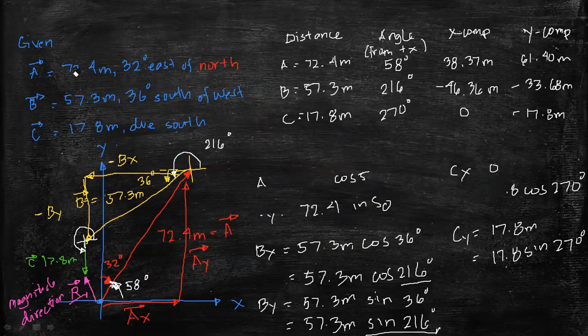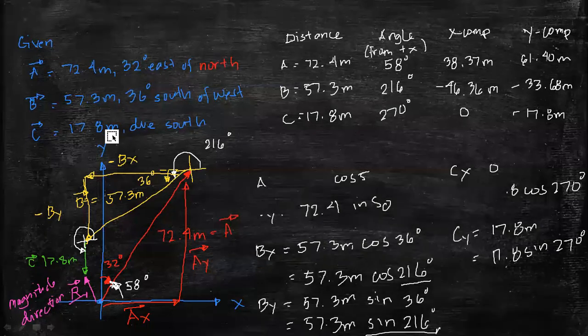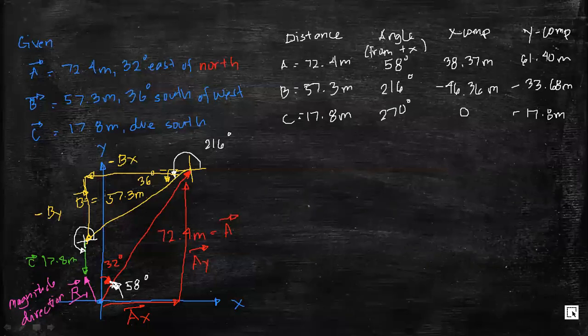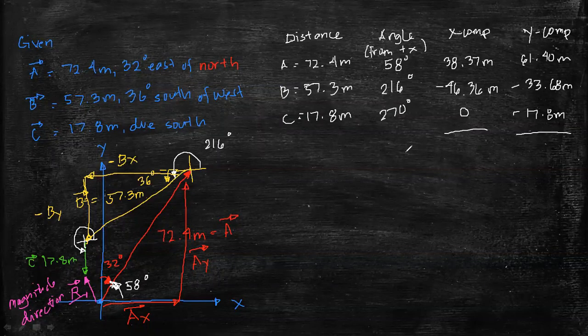Now, since we have the value of x and y component of each vector, we can solve now for the resultant x and y component.